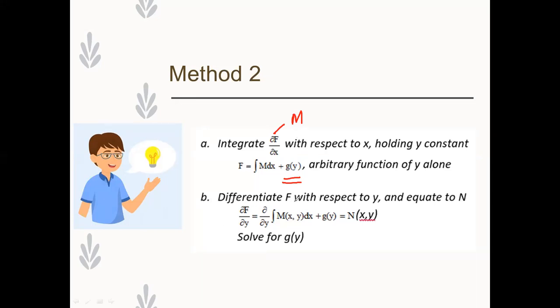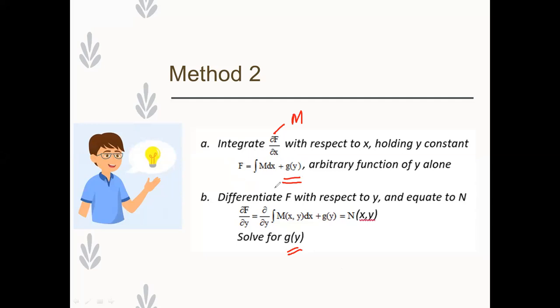You differentiate f with respect to y and equate it to n. What do you mean? You will have an answer here. You differentiate it with respect to y, and the corresponding expression you equate to n, the n in your original DE. Then you'll be able to find the g of y there. When you're able to find the g of y, you go back here in your solution and add it to the integral of the first term.